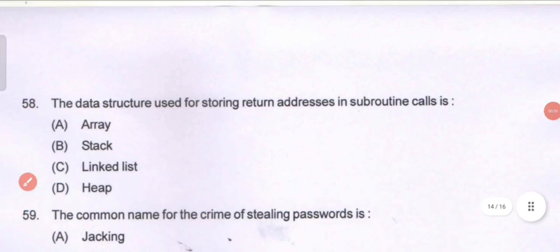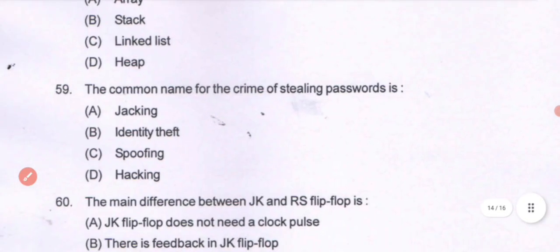Question number 58. The data structure used for storing return addresses in subroutine calls is option B, stack. The common name of the crime of stealing passwords is option D, hacking.